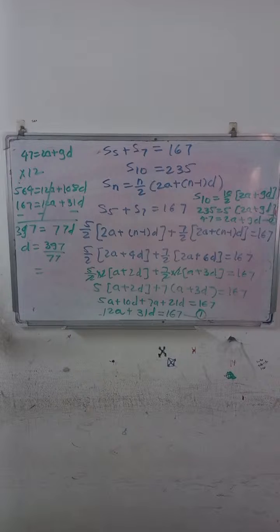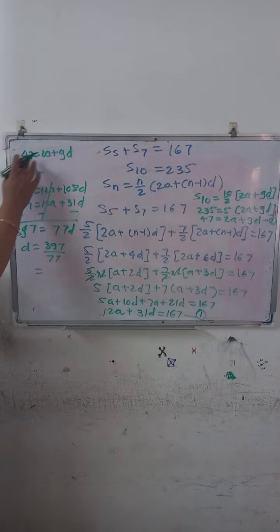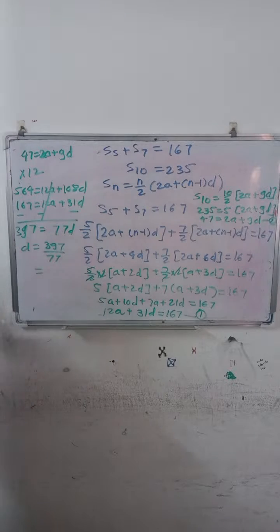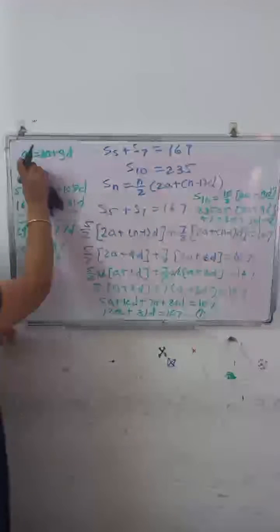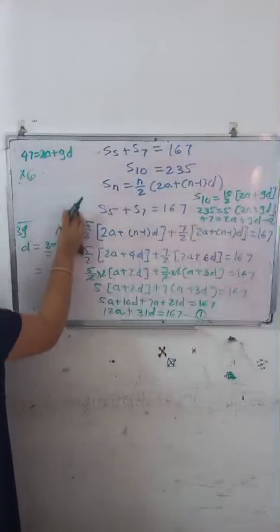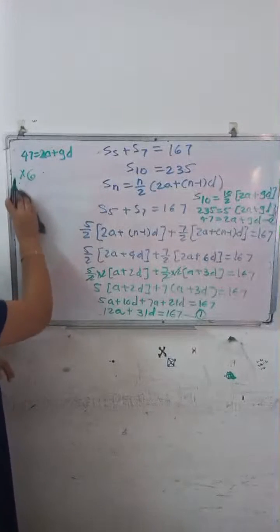Check 47 into 12, 564. Hey, wait. I multiplied here by 12. Actually here 2 is there, no? 12 twos are 24, no. Here multiply by 6 so that it will become 12.